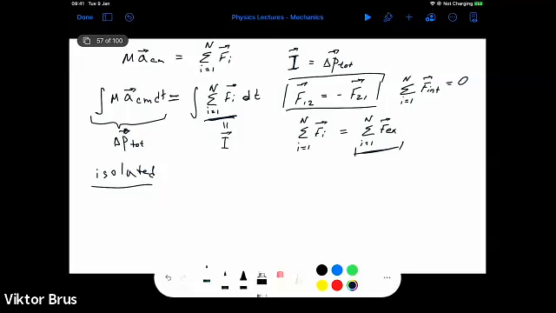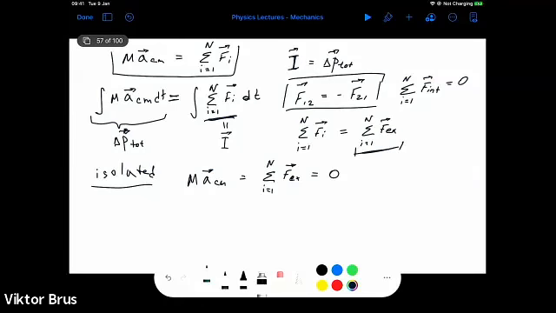So if we consider now this equation, which we rewrote, we can write that M a of the center of mass is equal to the sum of all external forces which are applied to all bodies of the system, and this is equal to 0.